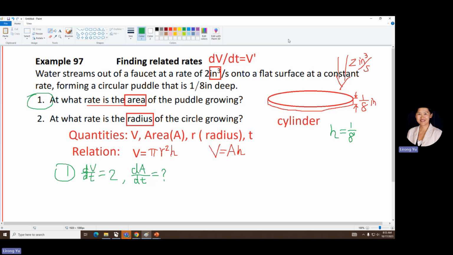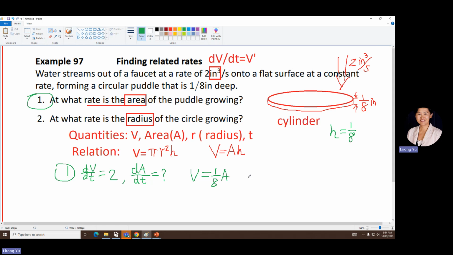So basically the area times the height equals the volume. A 2-dimensional measure times a 1-dimensional measure is a 3-dimensional measure. This is the relation between V and A. We already know that H equals 1/8, so that is a direct relation: V equals 1/8 times A.